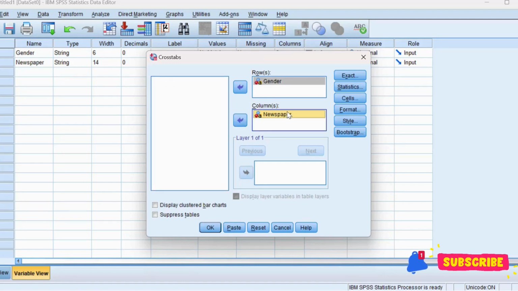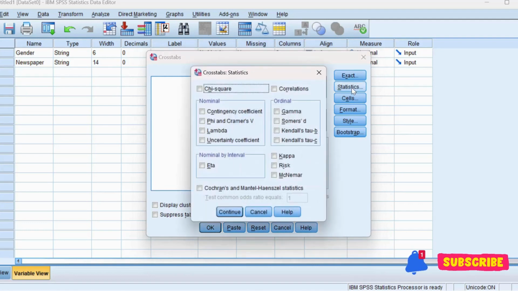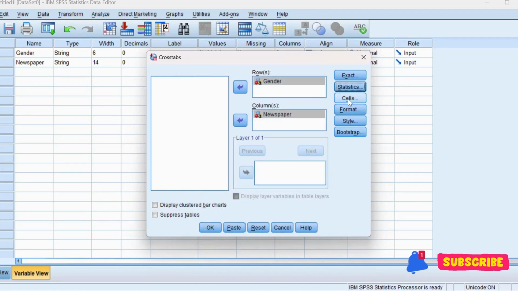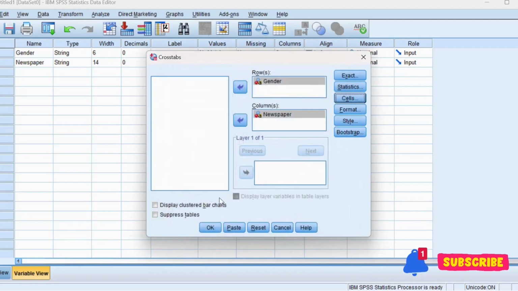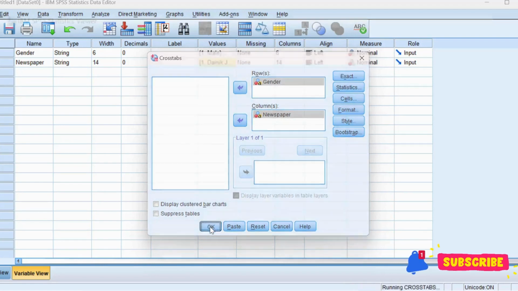In any of them you can put either, there is no problem. Then in Statistics you have to select chi-square and Phi and Cramer's V, and then continue. Then in Cells, select observed. You can also take expected if you want, and then continue. Then click OK.